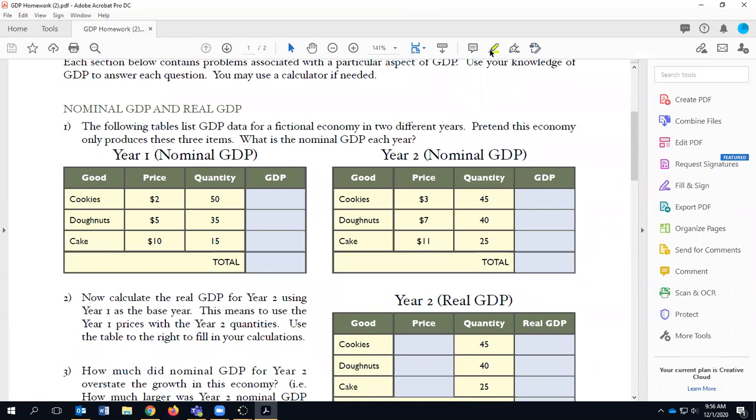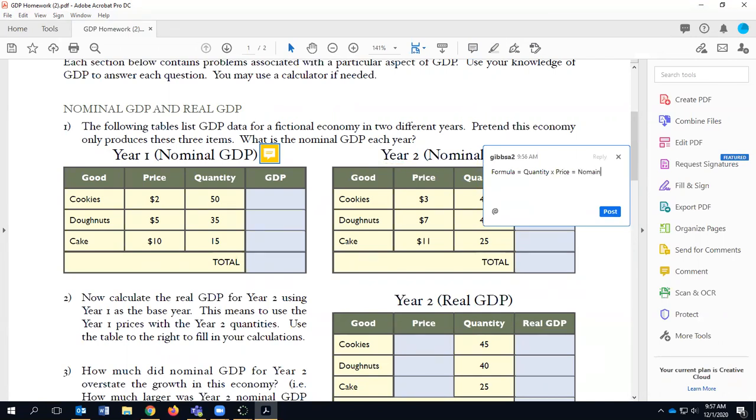So remember, our formula is quantity times price for nominal GDP.